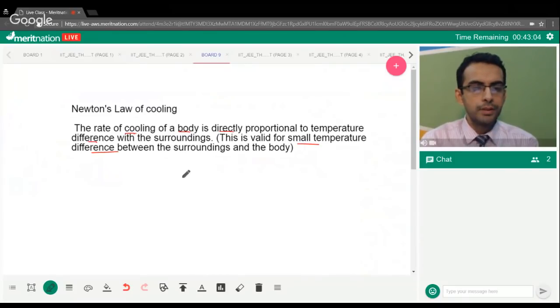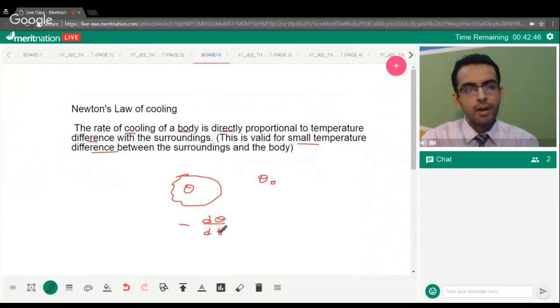For example, if there's a body and this body is radiating heat, and let's say its temperature be theta and theta naught is the temperature of surroundings, so the rate of cooling is minus d theta by dt, and that is proportional to instantaneous difference of temperature between them.